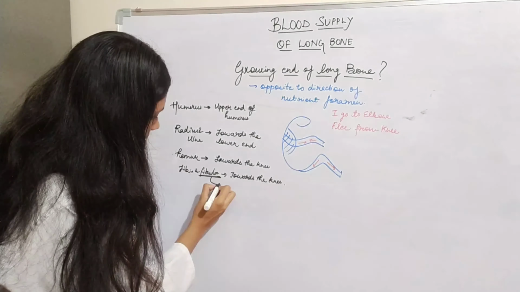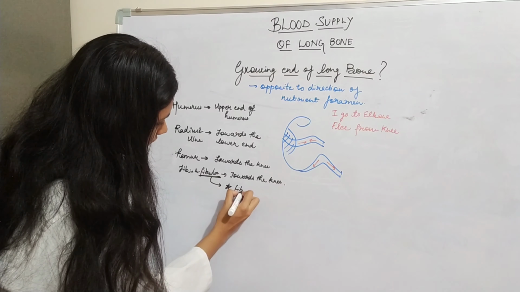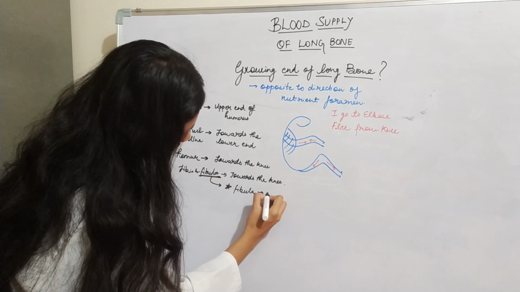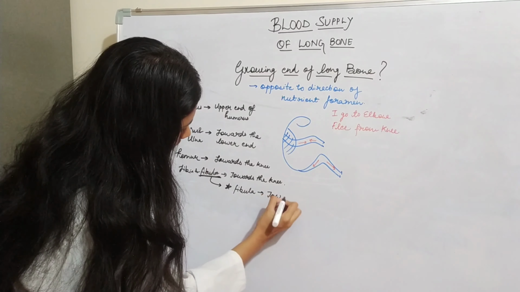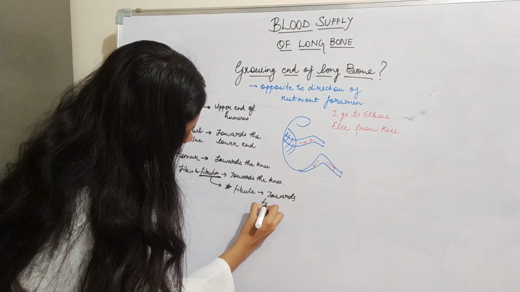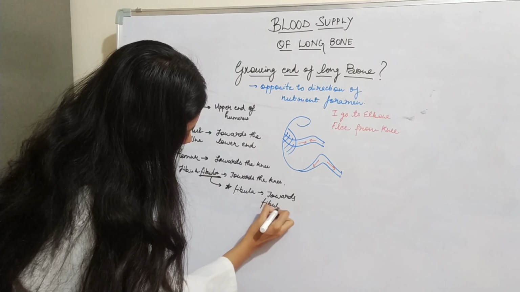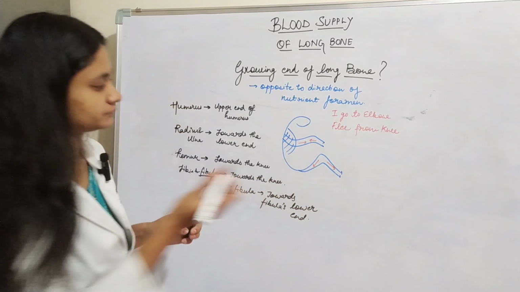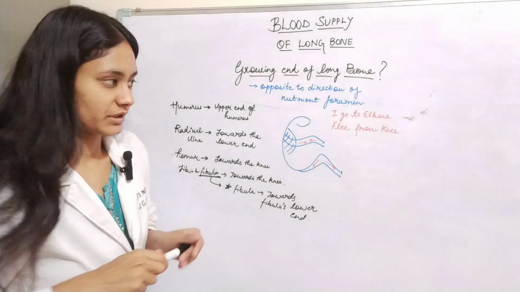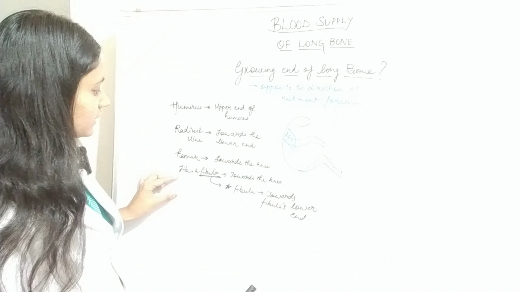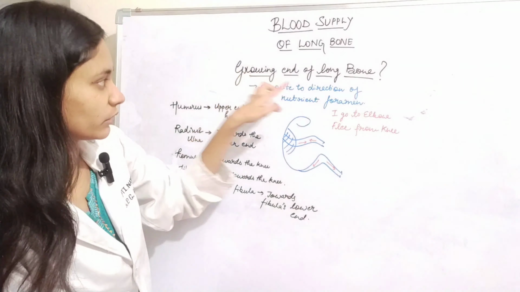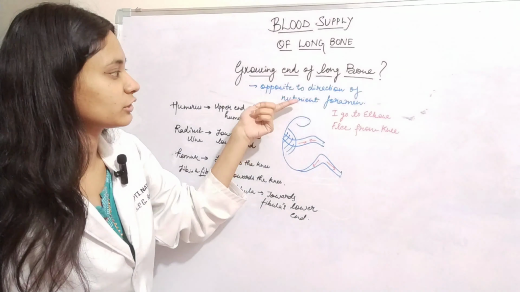So here we have exception fibula, where the direction of growing end of long bone will be towards fibula's lower end. So here we had studied the humerus, radius ulna, femur, tibia and fibula. The fibula is the exception. It would be in the direction of nutrient foramen, and for the rest, the growing end of long bone will be opposite to the direction of nutrient foramen.